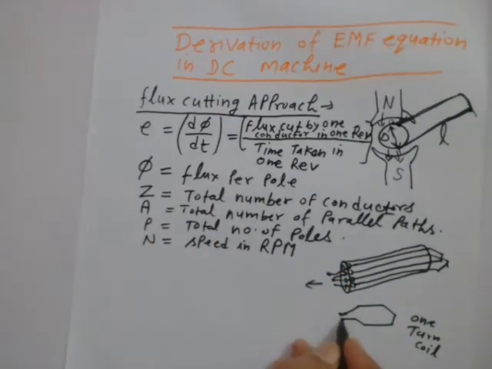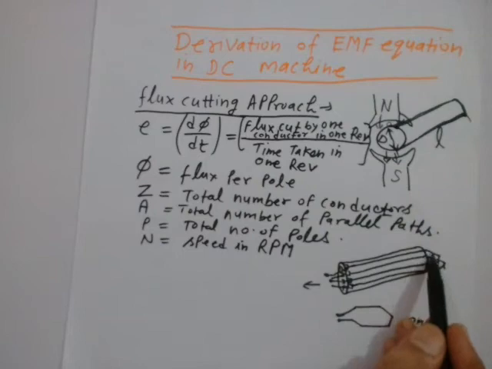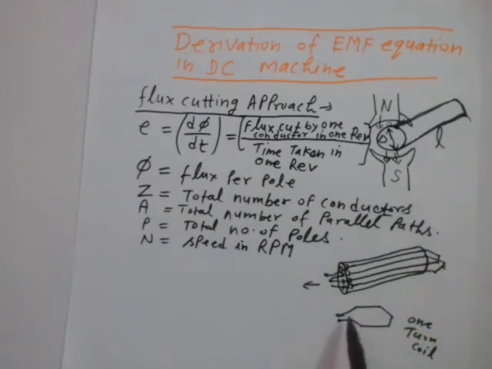It is a single turn coil in which this is one coil side and this is another coil side, right? This particular portion that you are seeing is called the overhang portion, right? This is a single turn coil, likewise there are so many turns. This is one particular conductor, this is another conductor, right? So this is the structure.